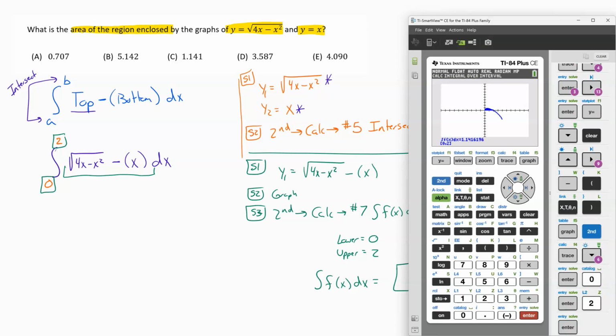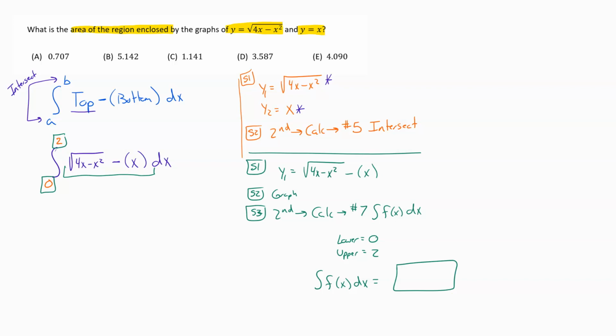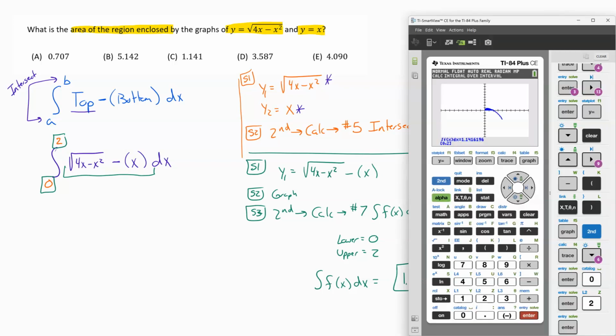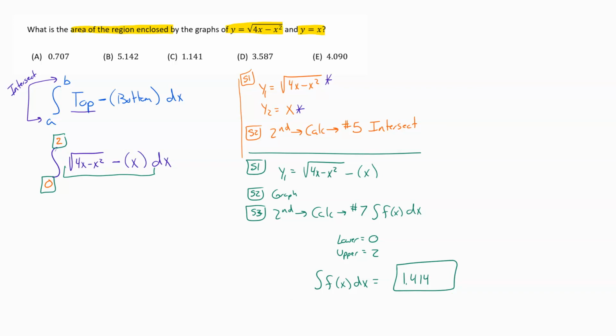That's 1.414, and so that's going to be what we want for our value, 1.414. Oops, 1.141. Excuse me. I read that off. 1.141 is what we're looking at there, and you'll notice that that's going to be option C up above here.